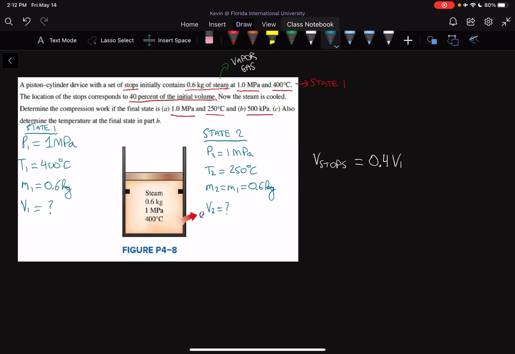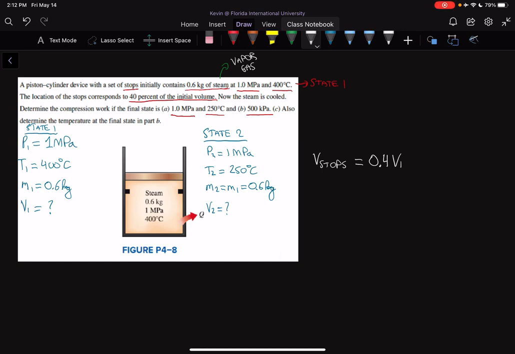Okay, so first things first, let's try and understand the problem. We're told to find the compression work. So we know that it's going to be a compression. On our PV diagram, we're going to have a compression. And the problem tells us that we have steam. It doesn't tell us that it's a polytropic process.